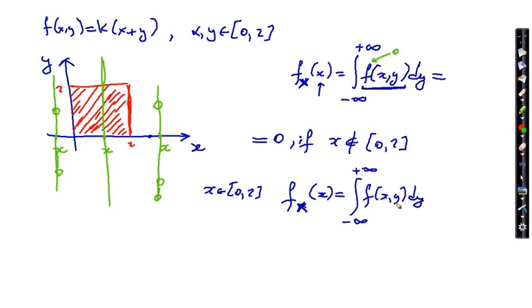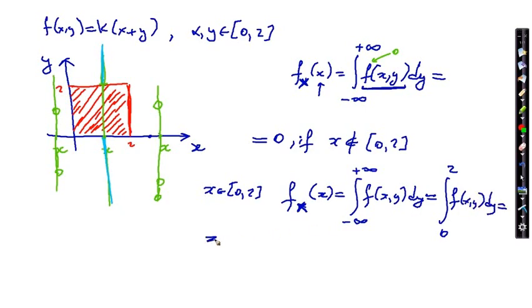But my f is 0 in this portion, so let me take another color. f is 0 here, f is 0 here. So I will be left with the integral from y changing from 0 to 2, so only in this green part. So I'm writing this is equal to the integral from 0 to 2 of f(x,y) dy.